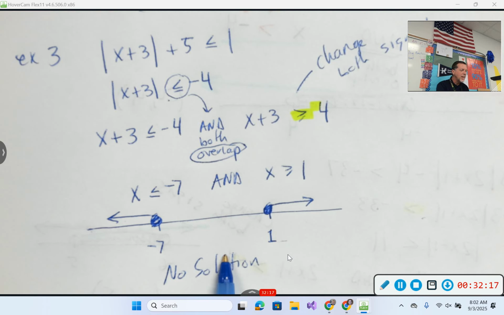Almost done. This is one of those where if you were really paying attention, you might have caught it earlier, and I tried to blow past it so no one would interrupt me and catch it earlier. Do you see where we might have caught this earlier to realize this is a no solution situation, Brooklyn? We had to switch the negative to a positive instead of a positive to a negative.